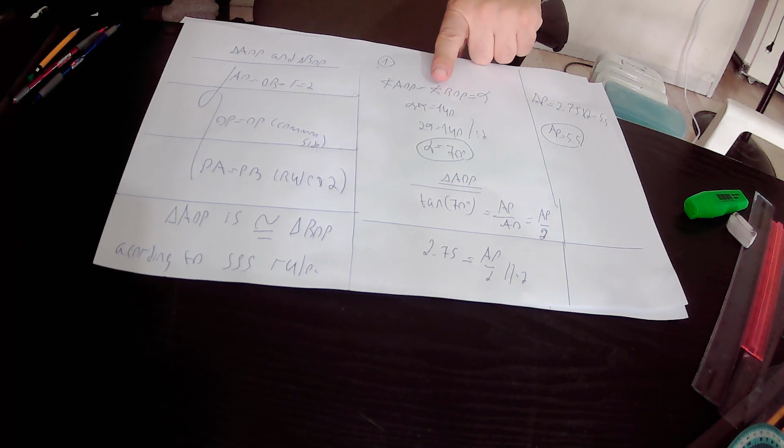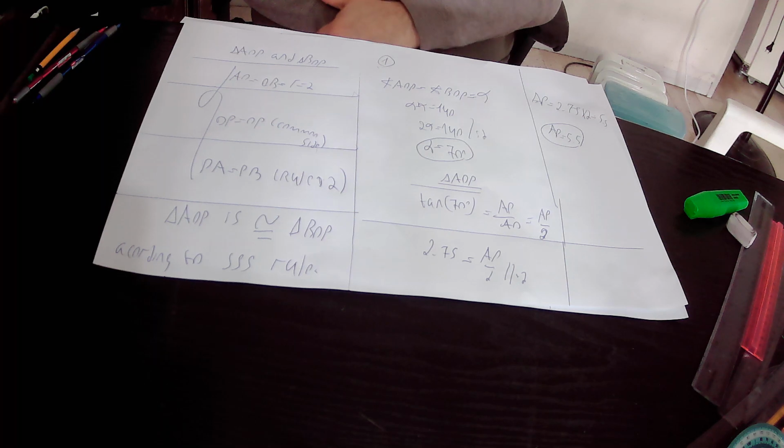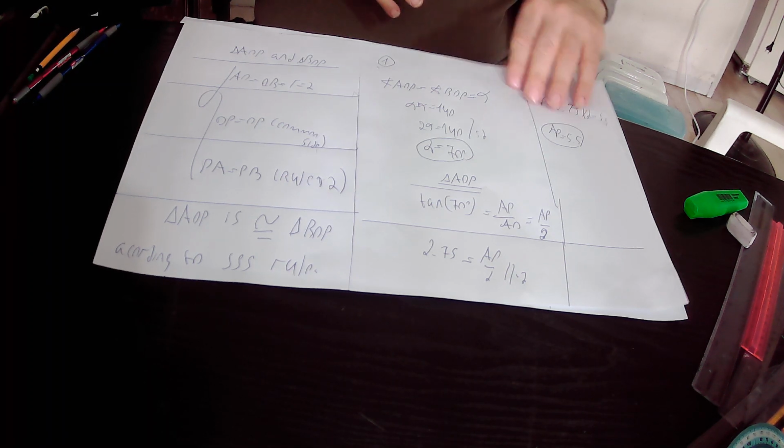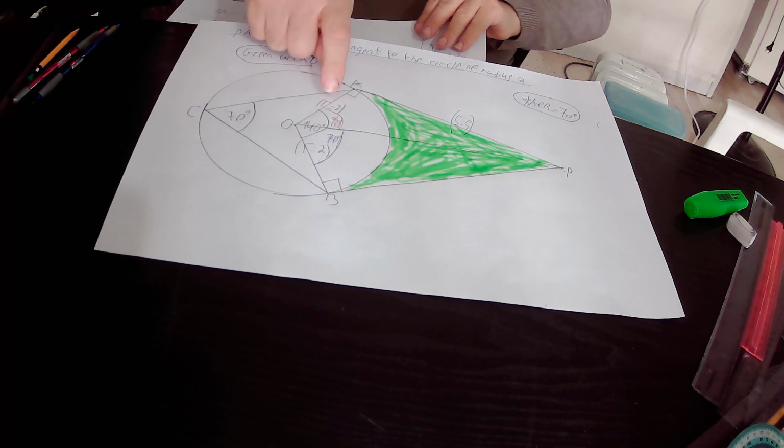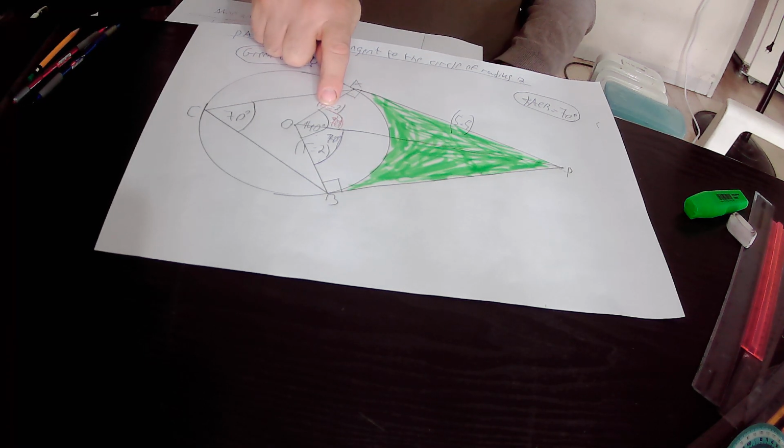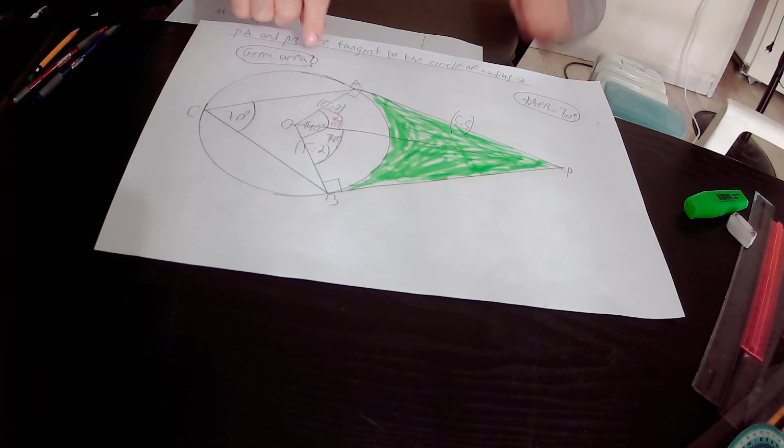Alpha plus alpha is 2 alpha, that is equal to 140 degrees. We divide this equation by 2 and finally find that the missing angle alpha equals 140 degrees over 2, that is 70 degrees. So this is the missing angle alpha that equals 70 degrees, and this is also angle alpha that equals 70 degrees.